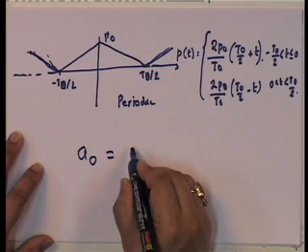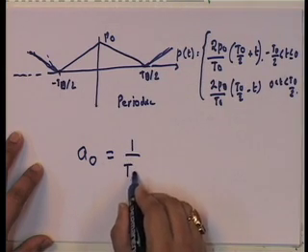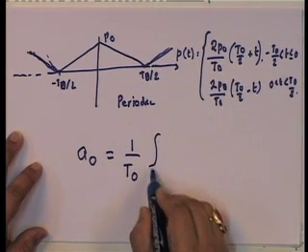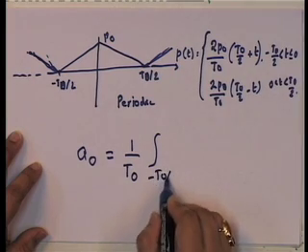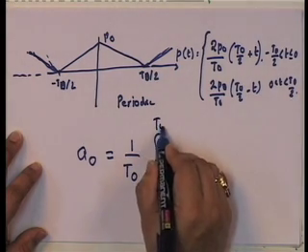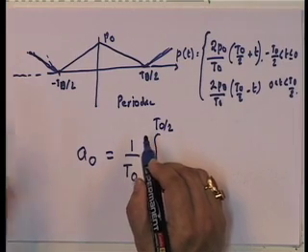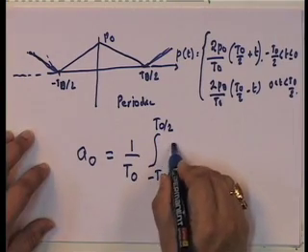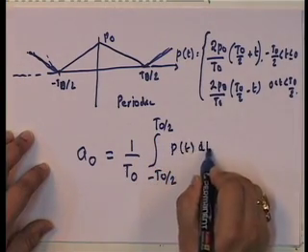A0 is equal to 1 upon T naught, since I am going from this to this, okay, Pt dt.